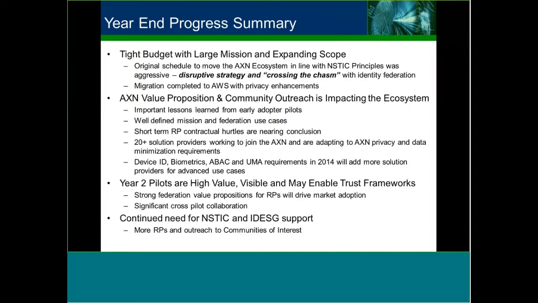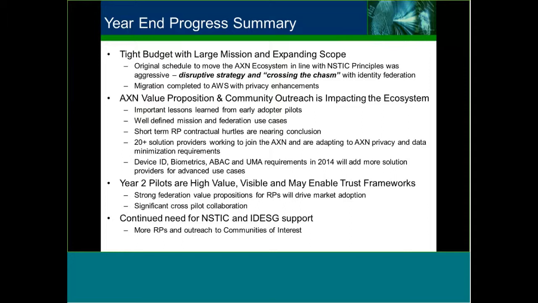So just to summarize what's happened: at the end of last year, this was a very tight budget, as everyone who is a pilot participant knows, and has a large mission. What we found is that we were really aggressive on the original scheduling. We're rolling out what would be a disruptive strategy, having privacy built into the transaction flow with identity, which is a good thing, as well as federation technologies and decoupling the components of identity by provisioning.